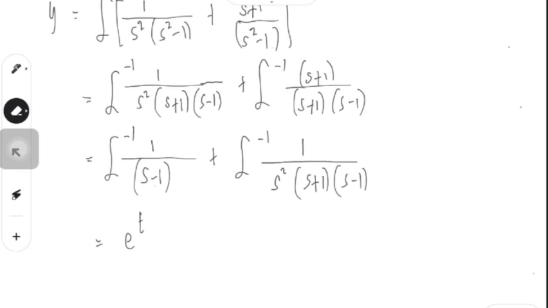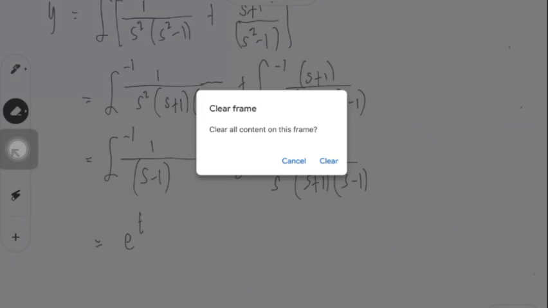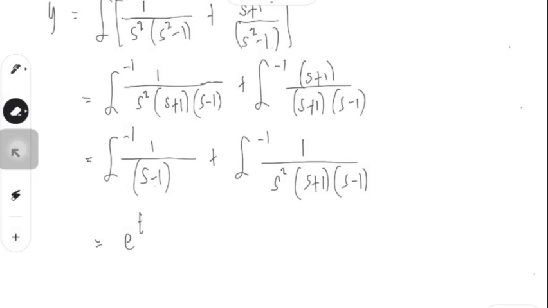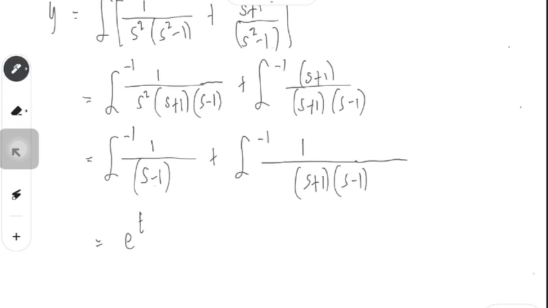Itong S minus 1, it falls under case 1. Baliktarin ko ha. Babaliktarin ko yung position. Yung S squared, sa halip na una, ilalagay ko dito sa huli para makita ninyo yung application ng partial fraction. Parehas din naman yan.